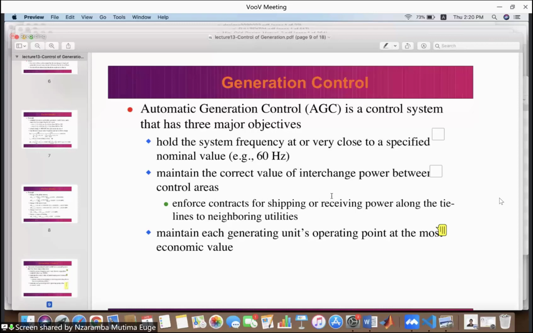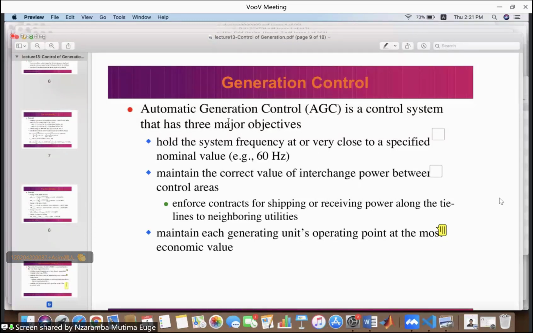It is a major control function within utilities' energy control centers, whose purpose is tracking of load variation while maintaining system frequency and tie line interchange and optimal generation levels close to specified values.